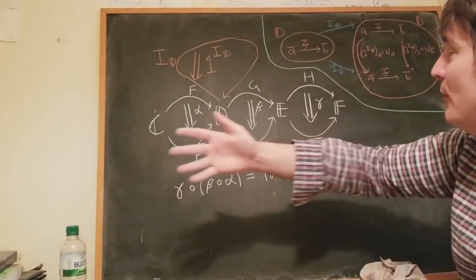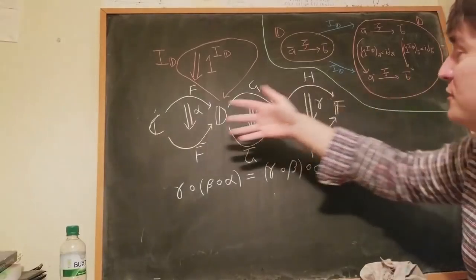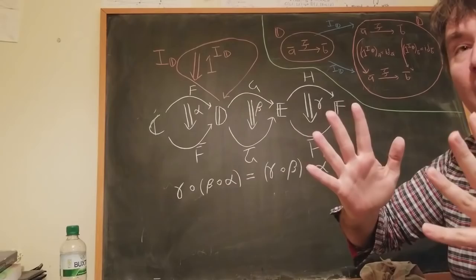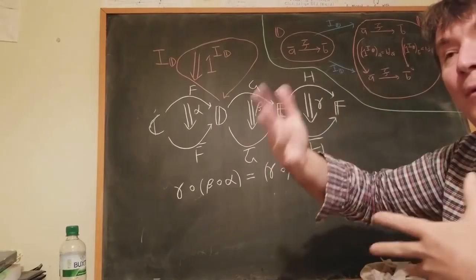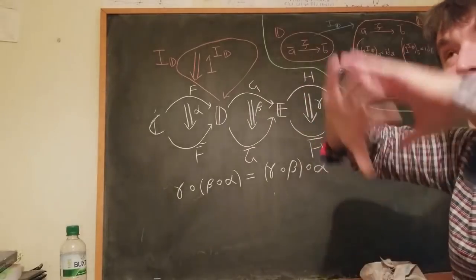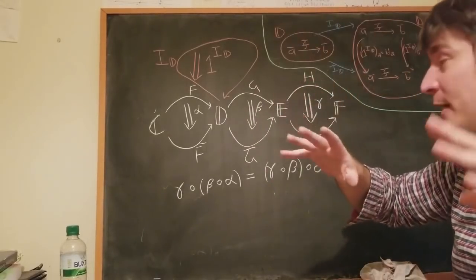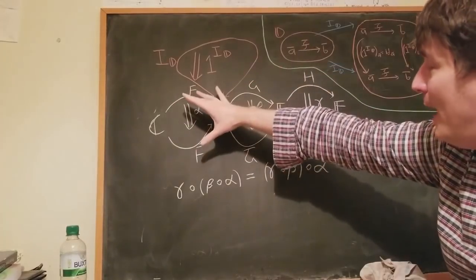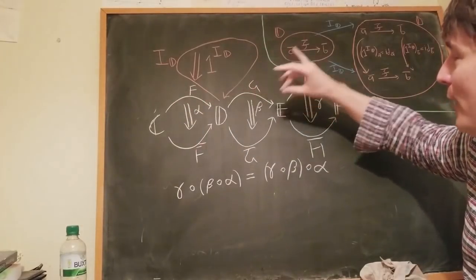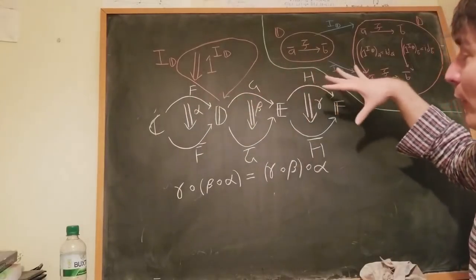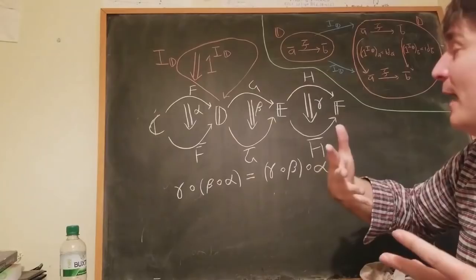But now we have this new idea of horizontal composition of natural transformations, and it turns out that that reveals yet more hidden category structure in this category of categories, because we now have another way of composing these natural transformations. We can compose them horizontally. So when can we do that?